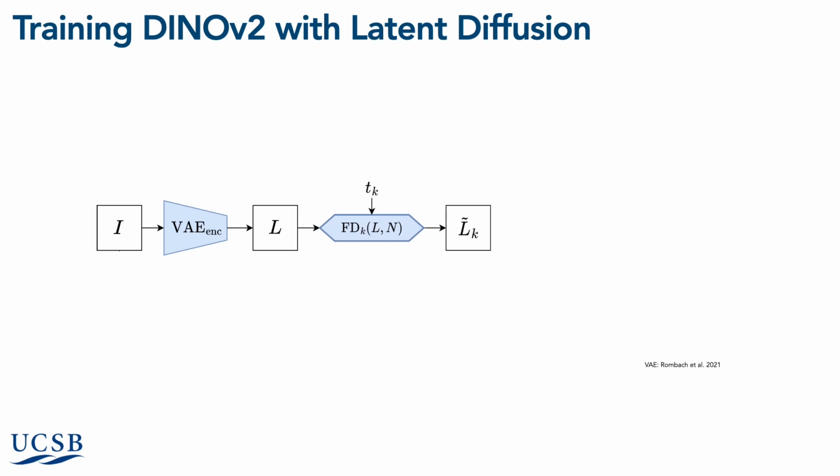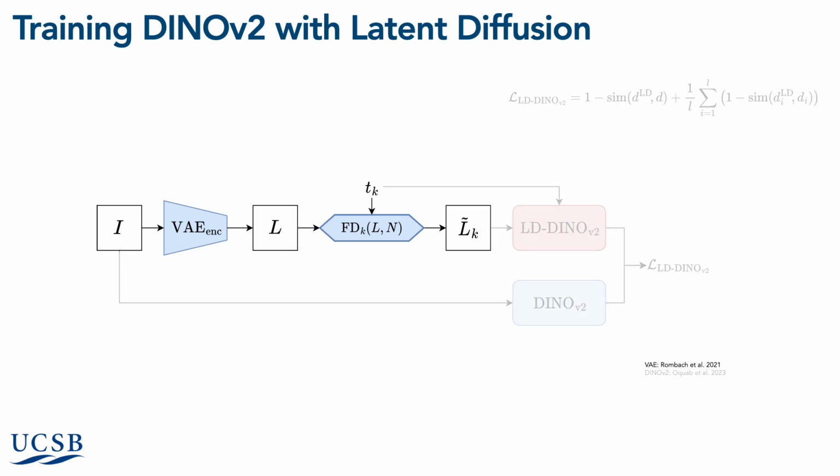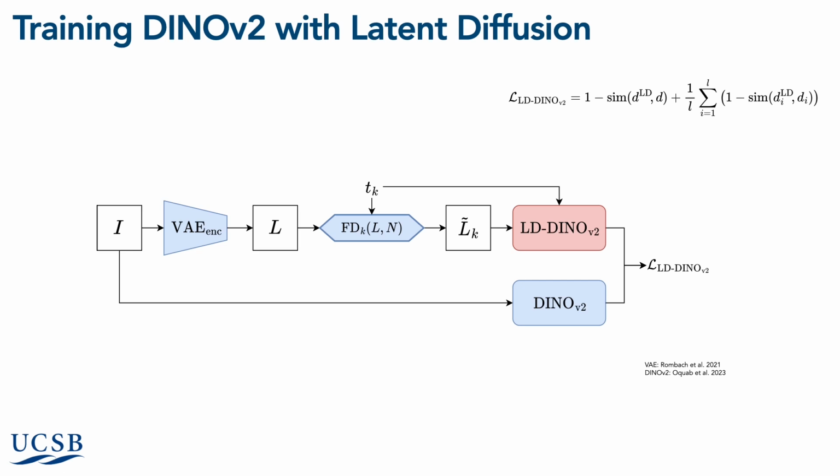Furthermore, since these editing models work with noisy images generated through forward diffusion, the DINOv2 also needs to remain robust to noise. Therefore, we train a latent diffusion-compatible version of DINOv2, referred to as LD-DINOv2, on the VAE-encoded latent images with diffusion noise, which serves as a perceptual loss function to train editing models.